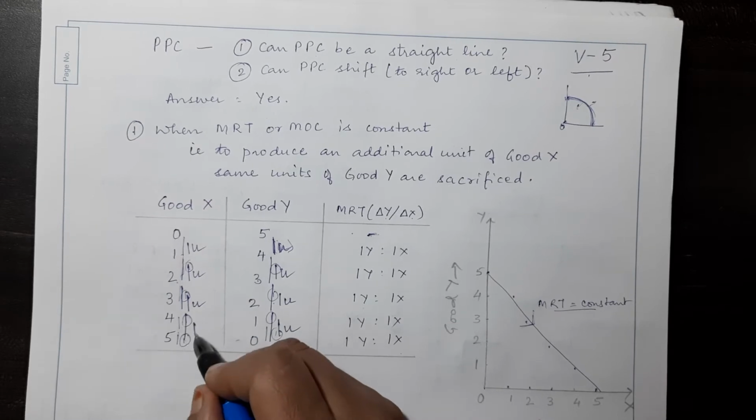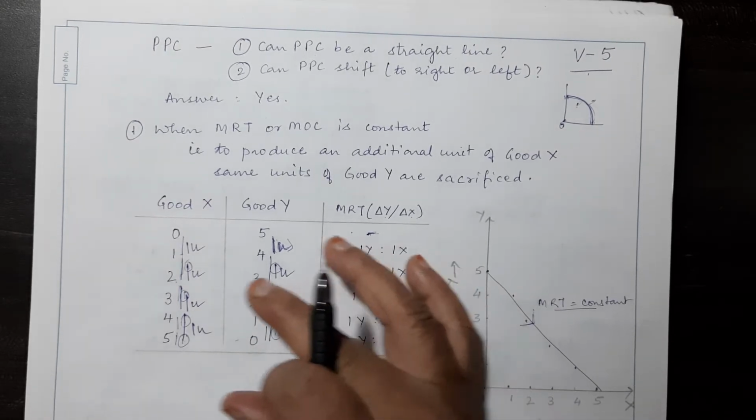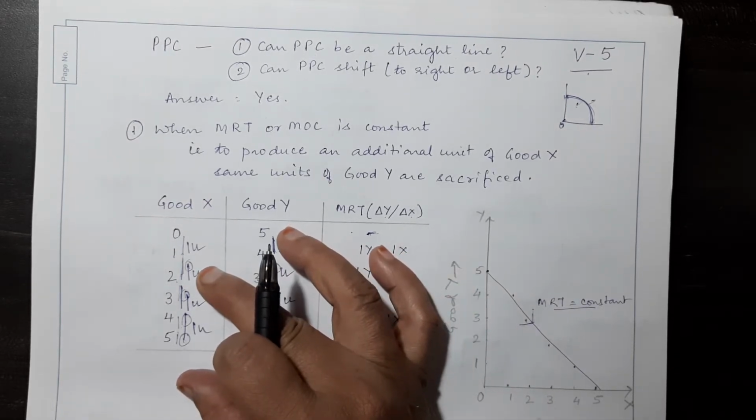We are foregoing one unit of good Y to produce one unit of good X.